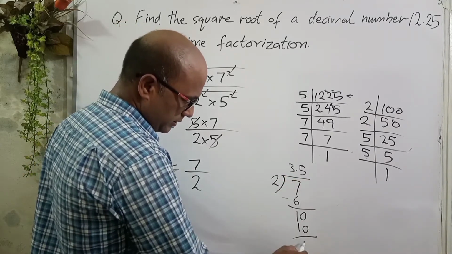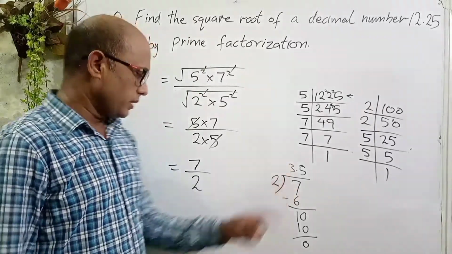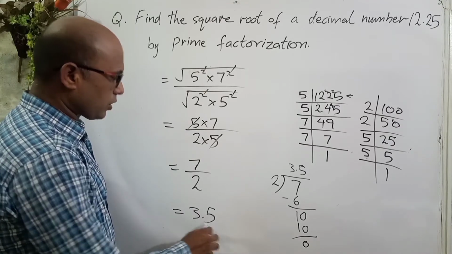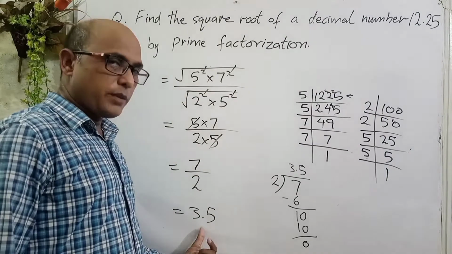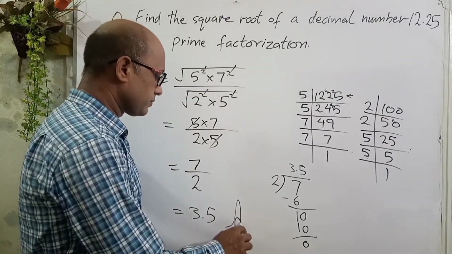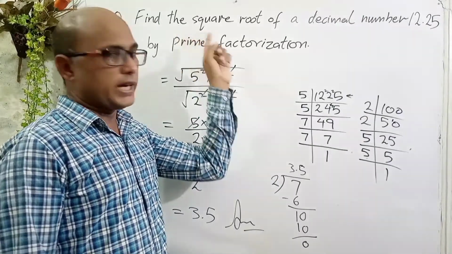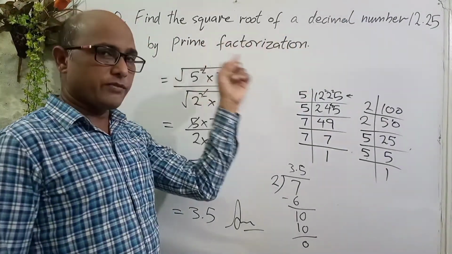So it is divisible up to 1 decimal. So we have got the square root of 12.25 is 3.5. This is how to find the square root of a decimal number by prime factorization.